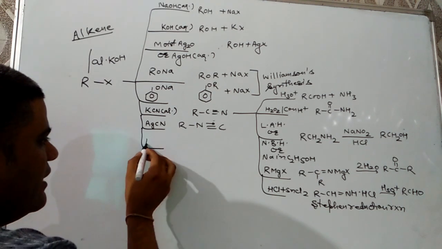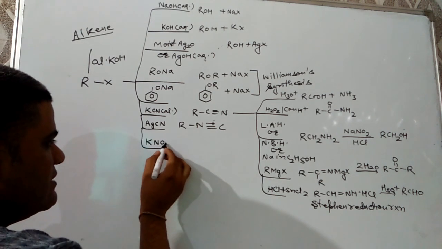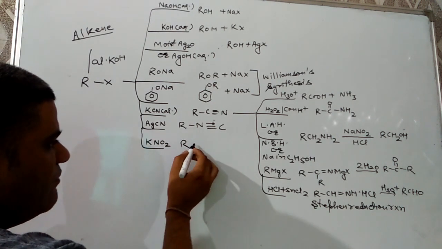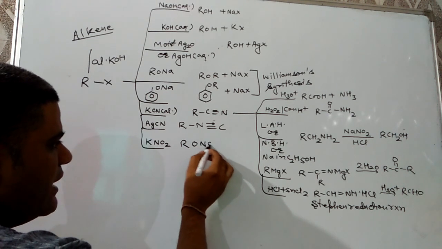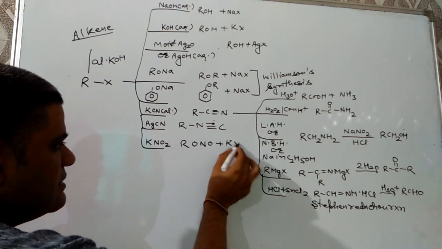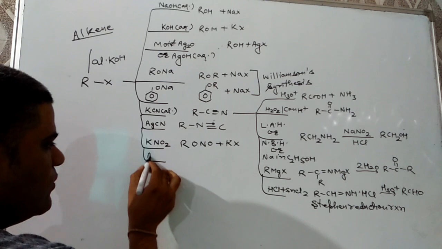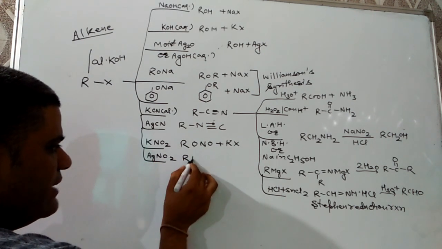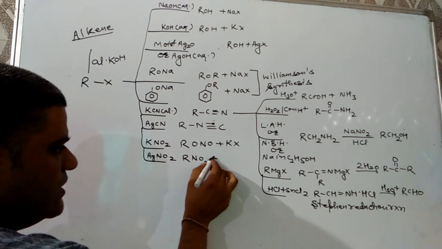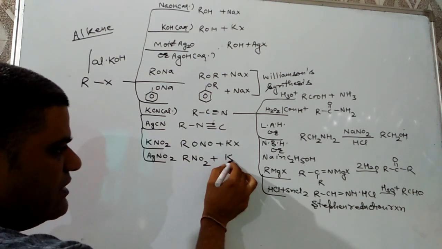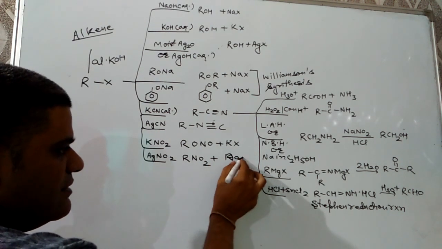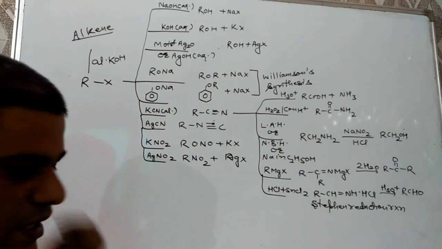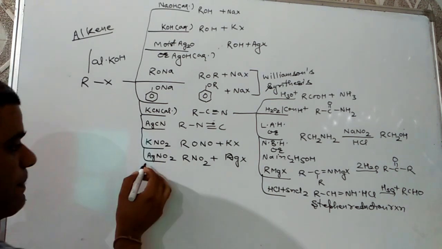Same way, if KNO2 is added to it, then the product formed will be nitritoalkane plus KX. If AgNO2 is added to it, then the product formed will be nitroalkane. Same way, KNO2 is ionic, so both nitrogen and oxygen are available for bonding, but AgNO2 is covalent, so only nitrogen is available for bonding.